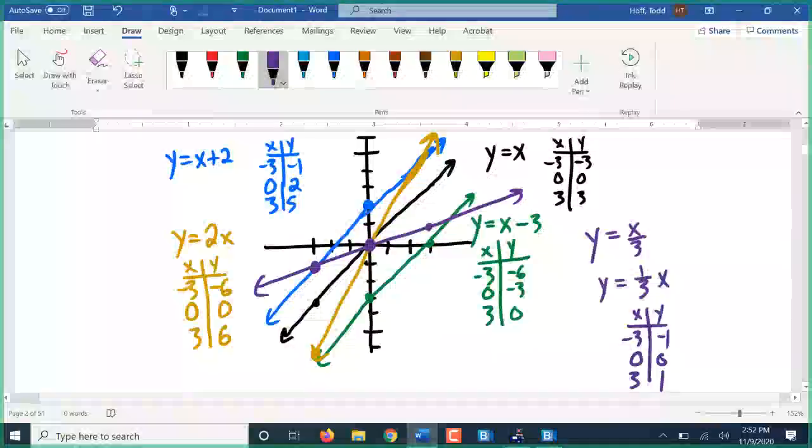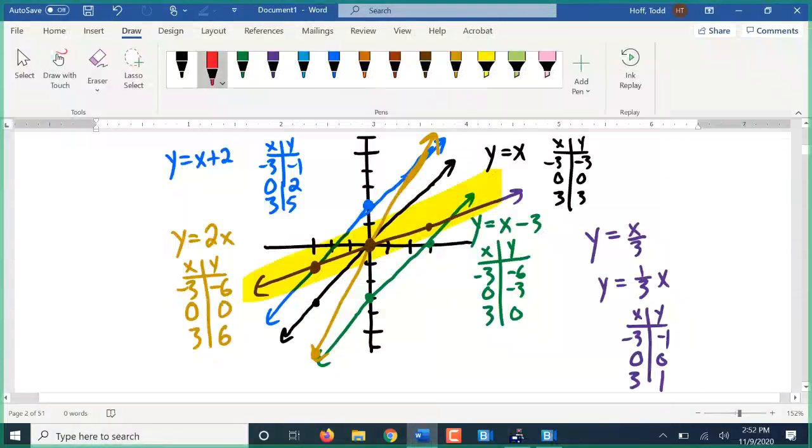Well, so far, all of these graphs, as we move from left to right, the line goes up. How can I get one to go the other direction? Well, let's try y equals -2x. Well, if x is -3, -2 times -3 would be +6.